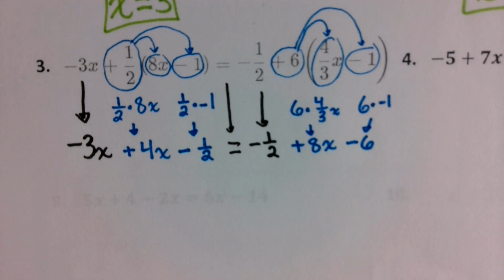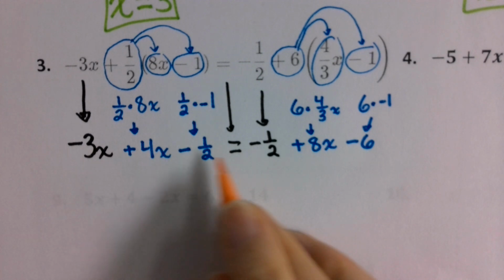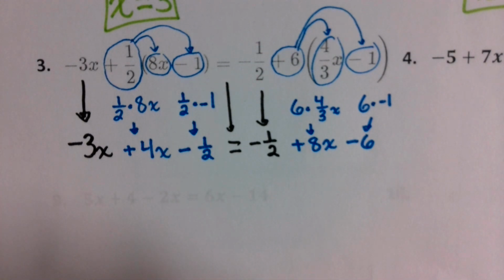Distribution is all complete. The next thing that we need to focus on is what? Hassan? Combining like terms. Let's focus on the left side of our expression first. Is there anything here that we can combine together? What is it going to be, Logan?